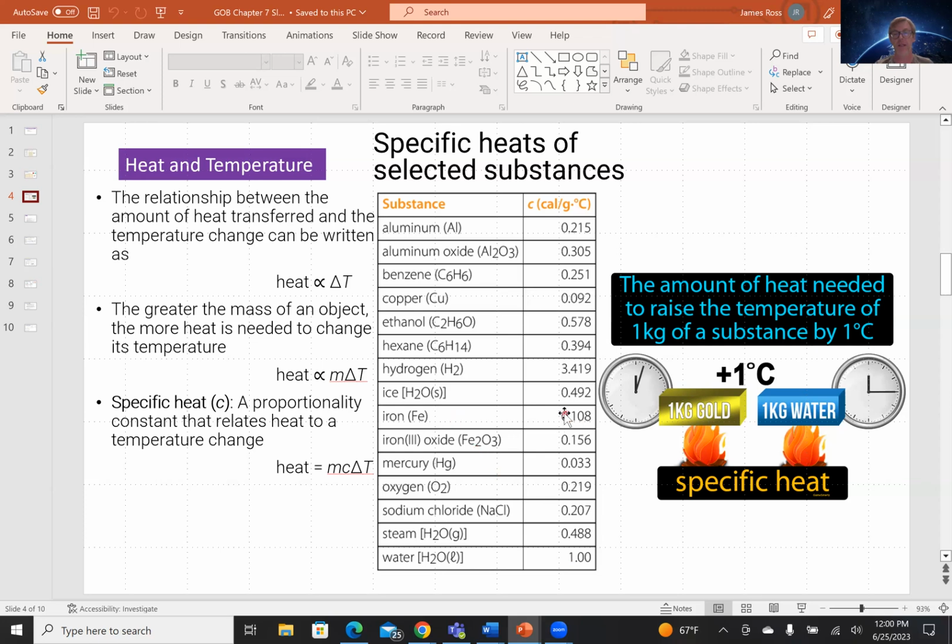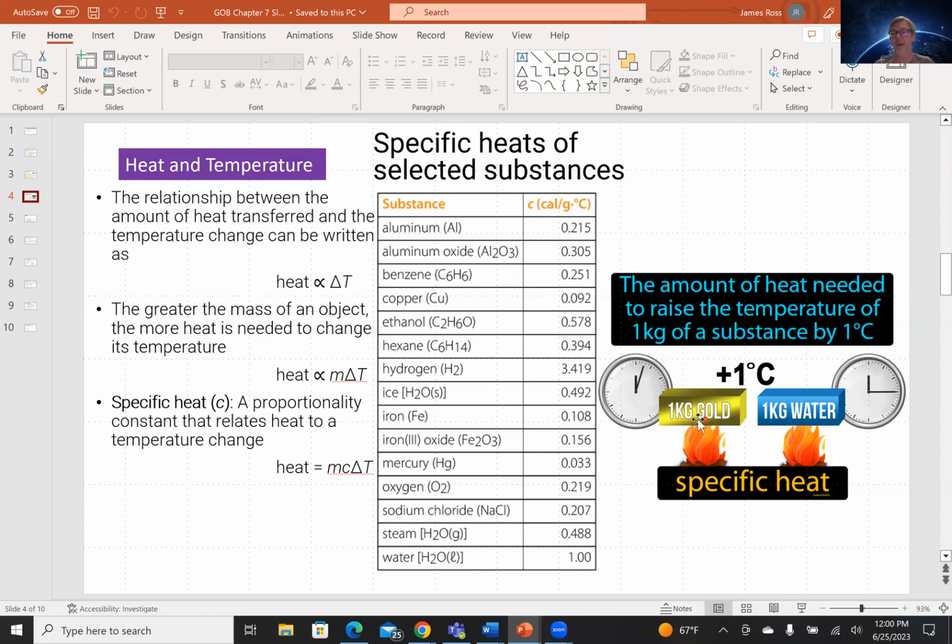Iron, a metal, value much lower than water. Copper is a metal, aluminum is a metal. So just in this brief overview of specific heat values, we can see that metals tend to have a specific heat value much lower than water. And that's seen over here on the right.